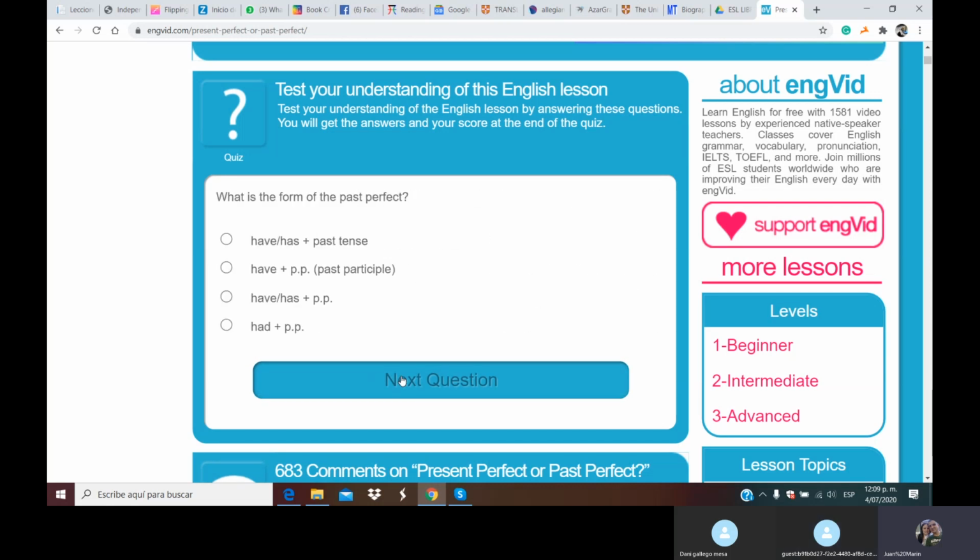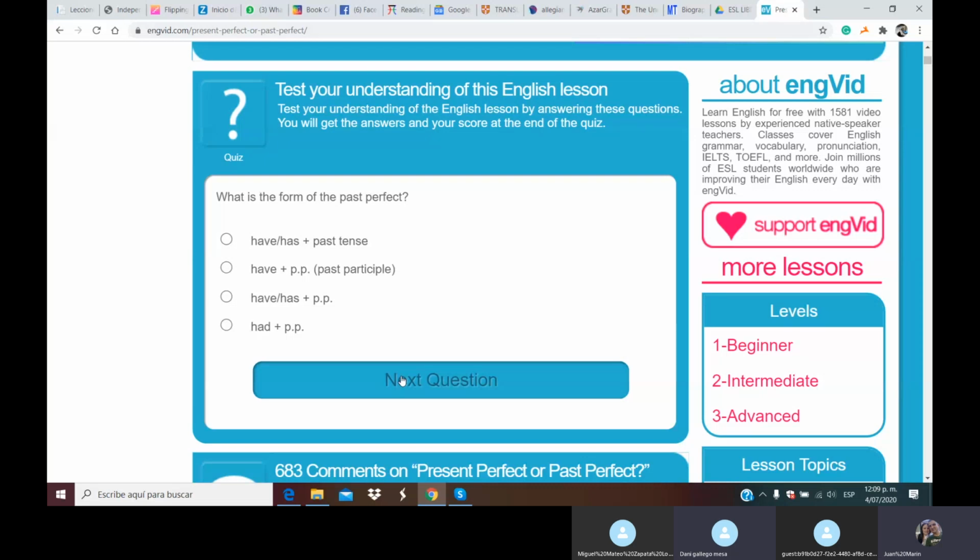What is the form of the past perfect? Teacher, no sería la última. Had plus PP.